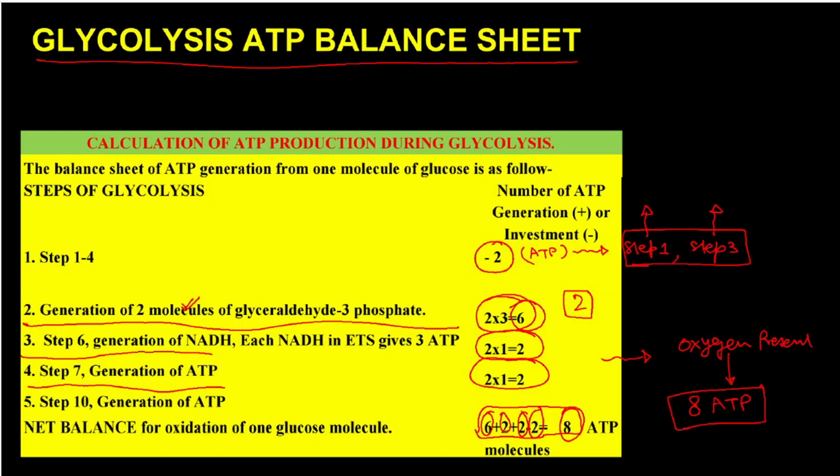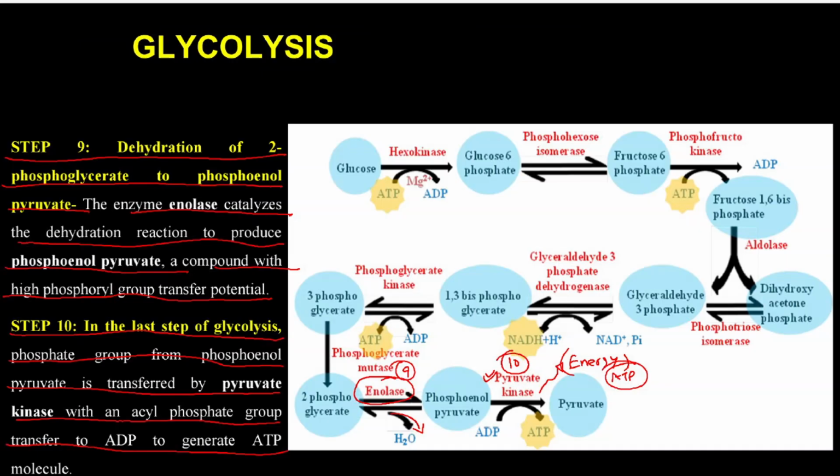Now at step 7, one ATP is formed, as we have seen in the cycle, but again, as I told you, 2 three-carbon molecules are involved, so 2 ATP will be counted. At step 10 also we got 2 ATPs, when phosphoenol pyruvate is getting converted to pyruvate.